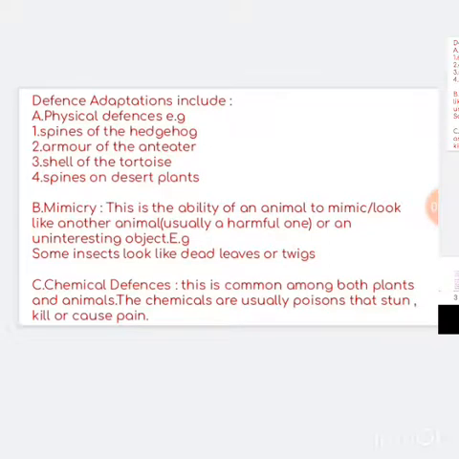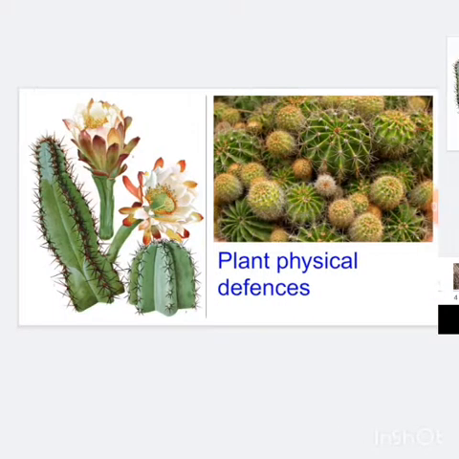The shell of a tortoise. Now, let's see the animal that wants to eat the tortoise. Or the spines on desert plants. Even plants have their physical defenses. A goat will not go and eat cactus plants. Yeah, so those spines are to keep away herbivores. Okay, so let's see here.